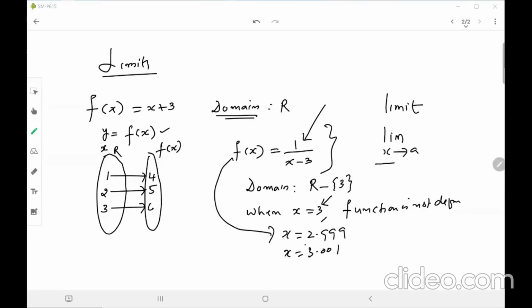So when I write x tends to a, it means x can be a number near to a, from the left side or from the right side.